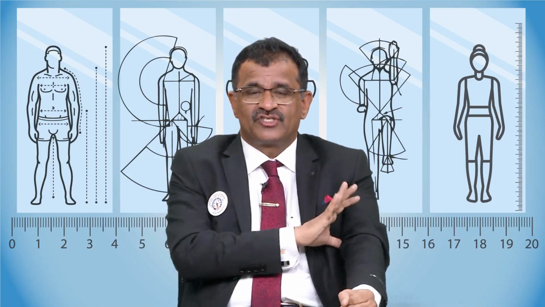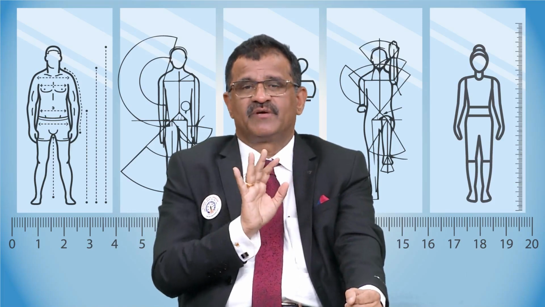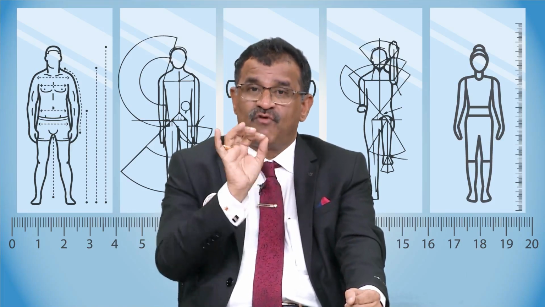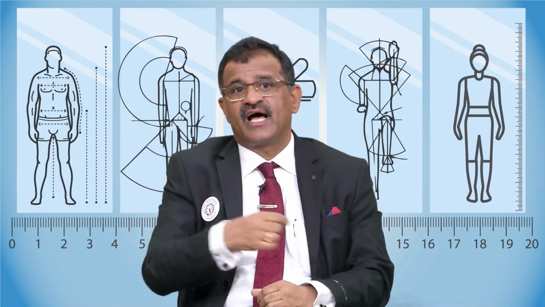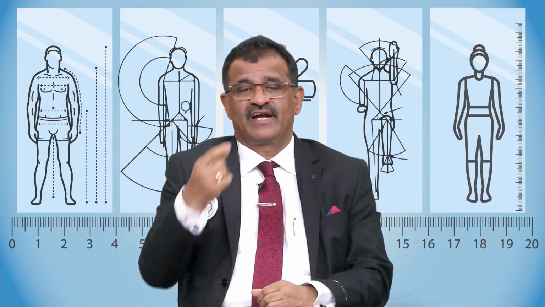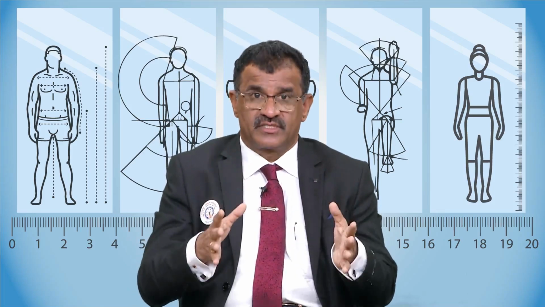So, percentage of muscles means not BMI. There is a formula for that. We have to take into consideration weight and height. So, that formula will tell you what is BMI of each person.